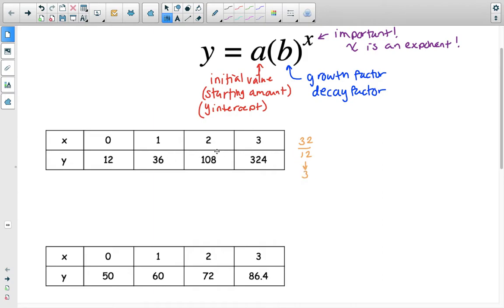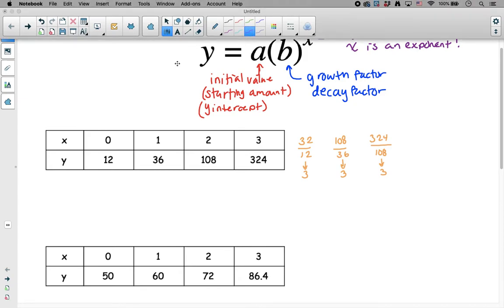If I take 108 and divide that by 36, that will also give us a 3. So far they're the same, so this is the same multiplicative value. We'll do the last one, 324 divided by 108, because I want to know the one right before it. And that is also a 3.